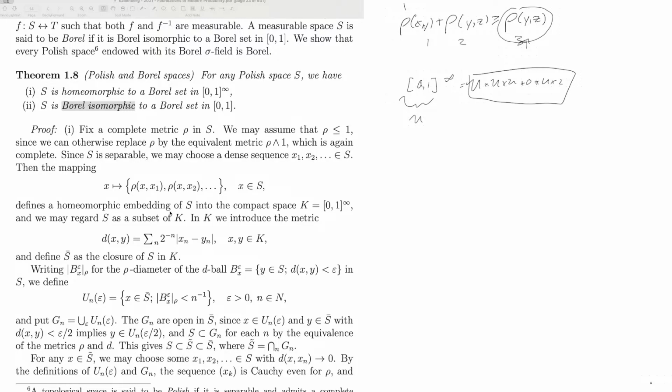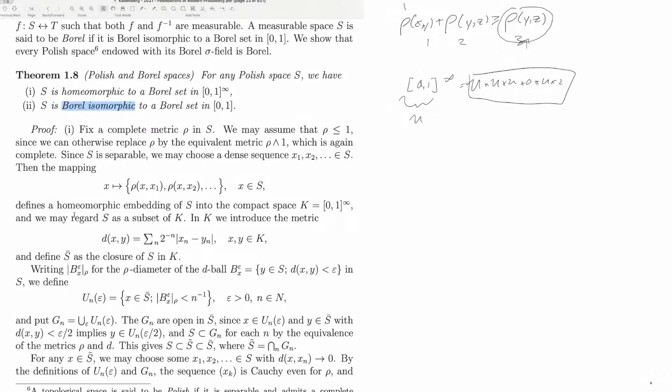And we may regard S as a subset of K. I don't know, is it homeomorphic? Is that right? A homeomorphism of topological spaces is one-to-one, continuous, and its inverse function is continuous. I don't know how much time I want to spend struggling on this.